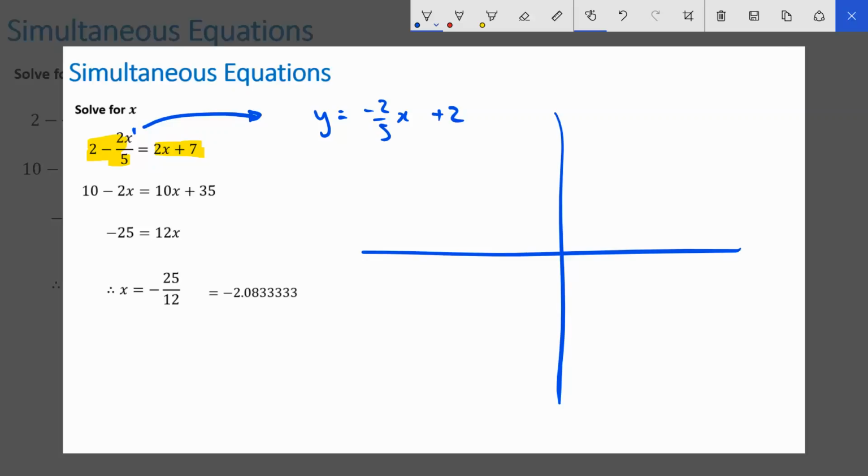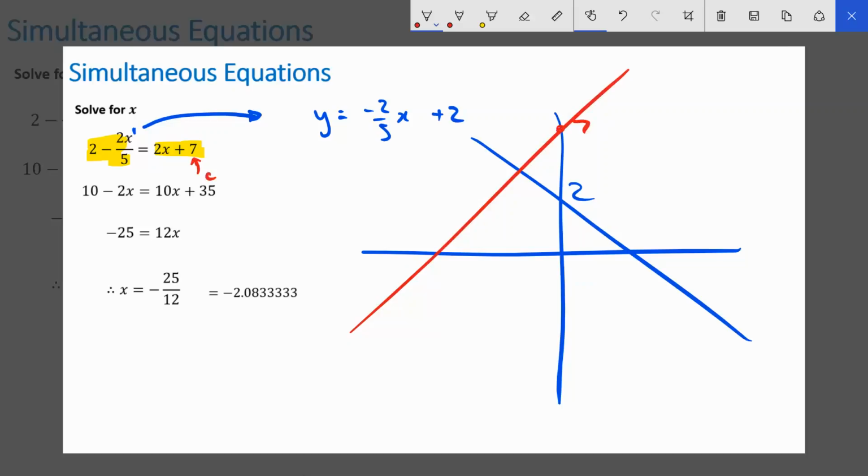You got a straight line, so negative 2 on 5x plus 2, it's a negative gradient, and y-intercept of 2, so let's just say it looks like this, hypothetically. Okay? And then you got your second graph, which is 2x plus 7, so let's say it looks like that, with y-intercept of 7, because that's your c. Okay? Why is it that equating it tells you the intersection? Because the point of intersection right now, that's an x and a y coordinate.